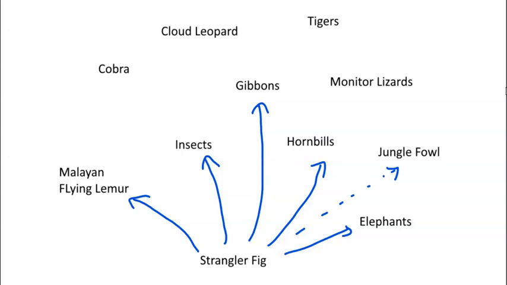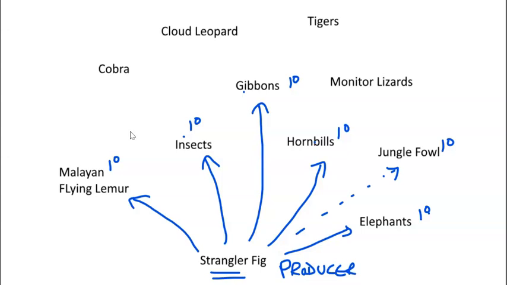So in each case, the production of foods by a strangler fig, I have observed all of these organisms actually consuming those fruits as a source of energy. Therefore, these organisms are all primary consumers, occupying trophic level 1. The strangler fig, this large forest tree, is of course the producer.